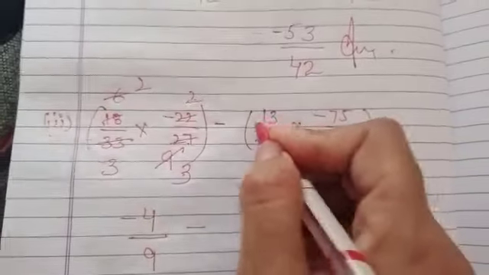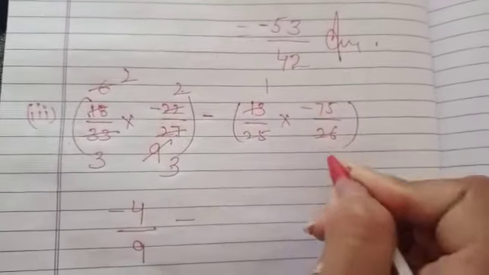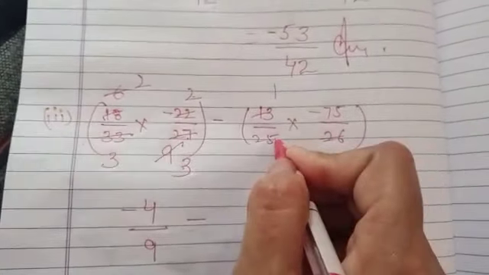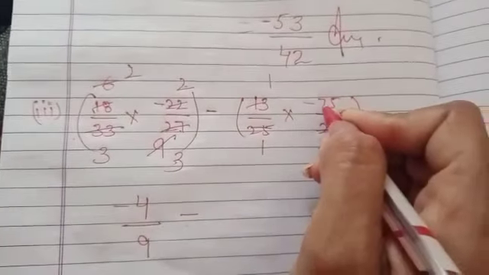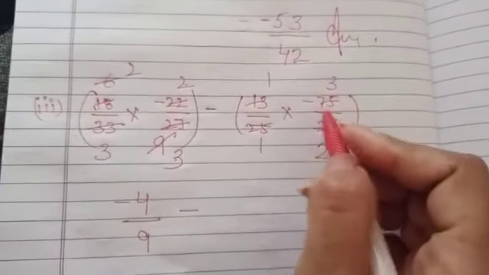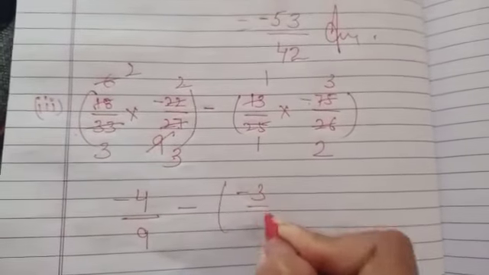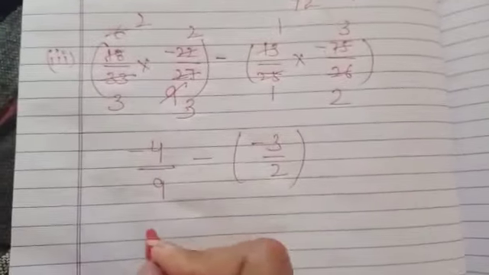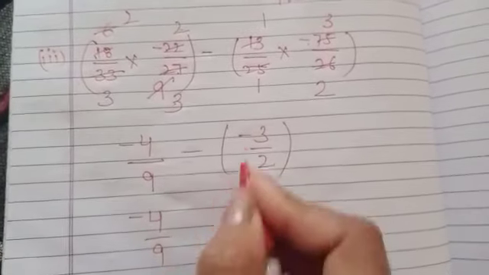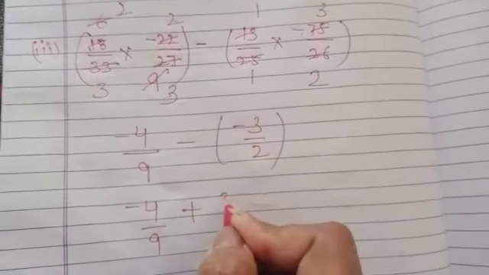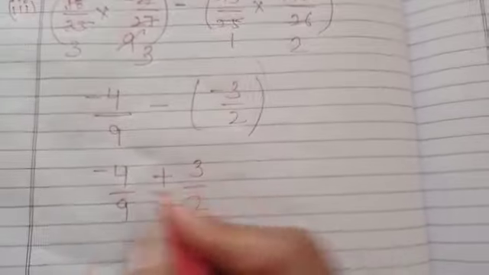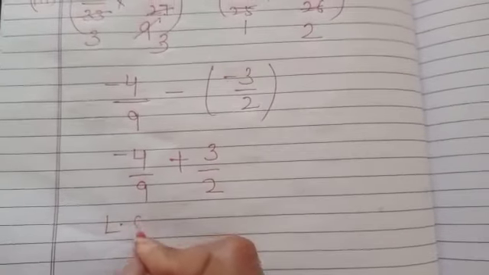Again check. 13 ones are 13, 13 twos are 26, 25 ones are 25, 25 threes are 75. Now it's minus 3, minus 3 into 1 is minus 3 over 2 ones are 2. Minus 4 over 9, minus minus is plus 3 over 2. Take the LCM.